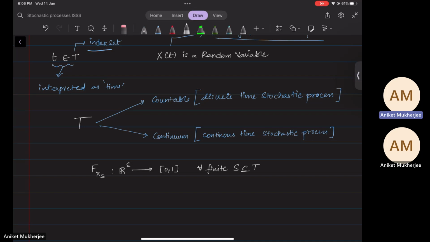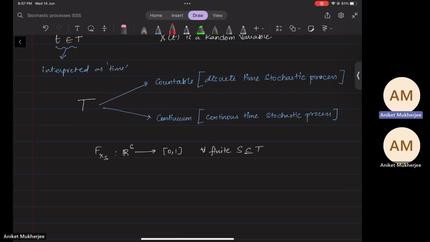So you have the whole index set, you take a finite subset of the index set, and you write the distributions of the random variables at those finite points of the index set.